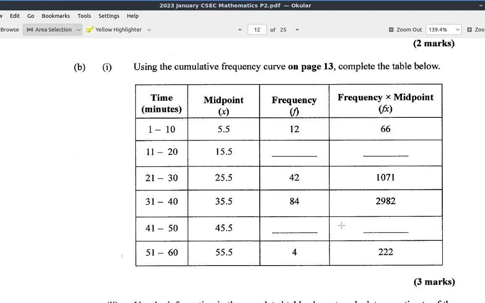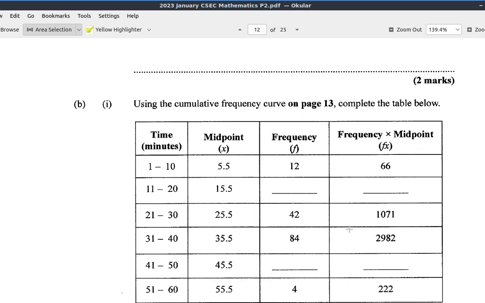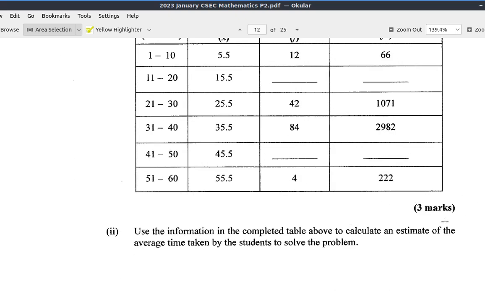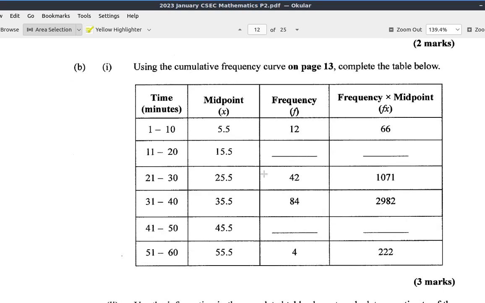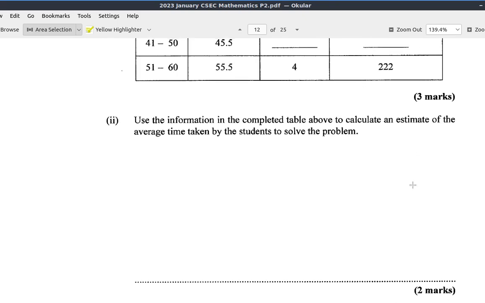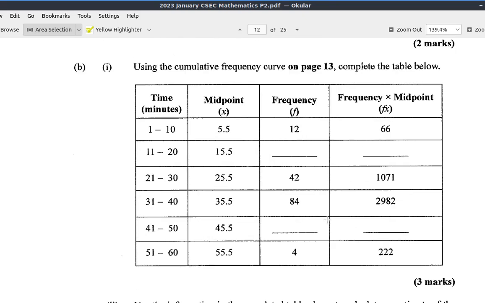There should be even more marks for that. So, 3 marks. They gave 3 marks. I was looking at the next part, which is 2. It's not 2 marks, it's 3. But probably it deserves even more marks than that.